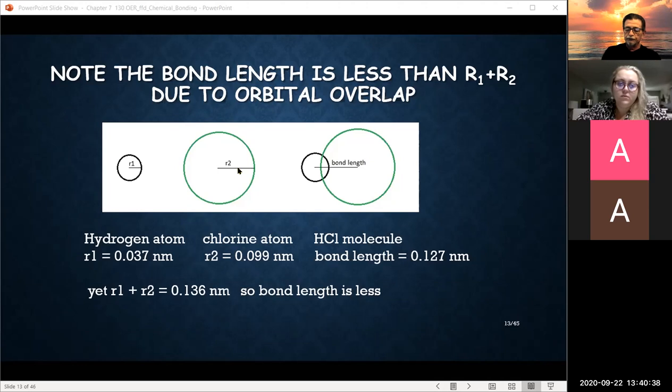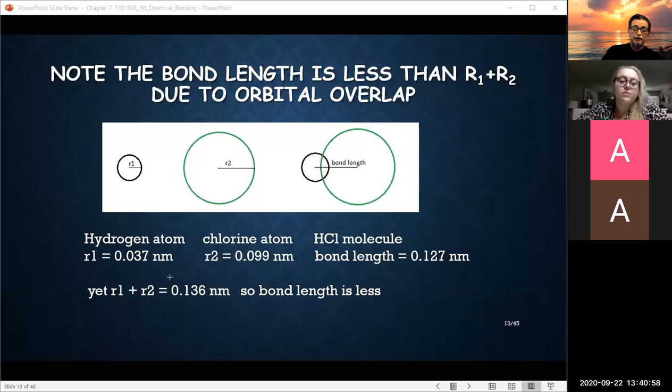if we were to get the sum of, let's say, hydrogen atom and the chlorine atom, then that bond length would be about 0.136. NM is nanometers. That's just a very small measurement. But what it is actually, let me mark that out.